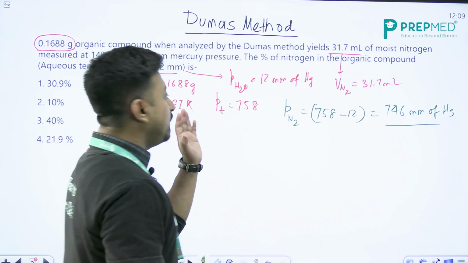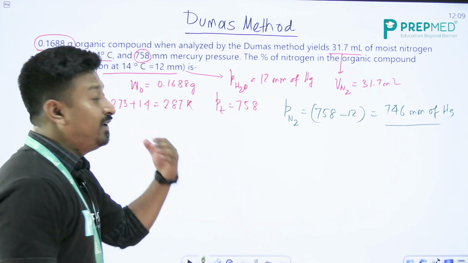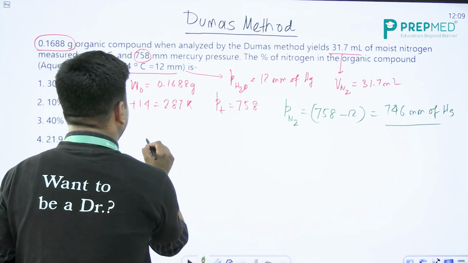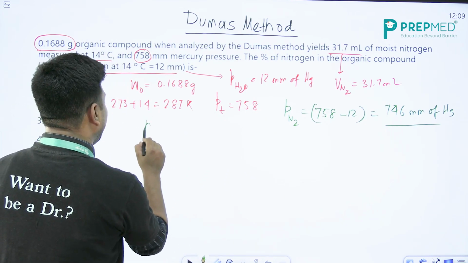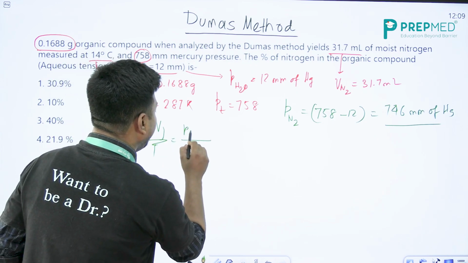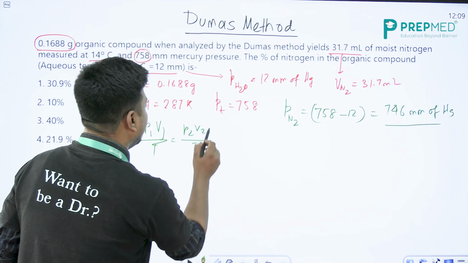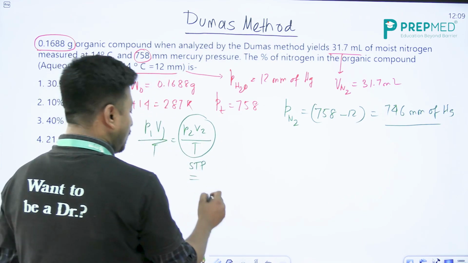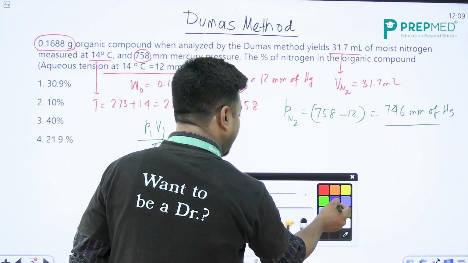Okay, now since we know all things, then what we can do, we will directly equate this thing with the STP. So what we can write here, we know that P1 V1 by T1 is equal to P2 V2 by T2. Let's say this is my STP condition. So यहाँ से हम क्या लिख सकते हैं, एक बार देख लेते हैं.